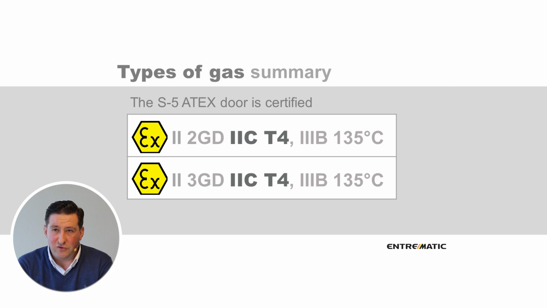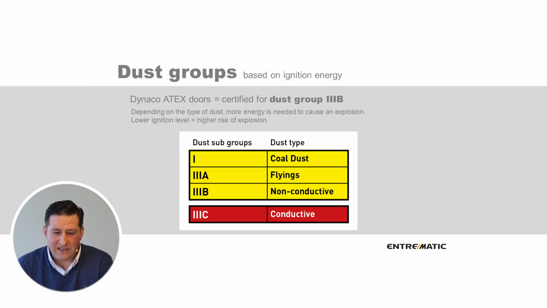So we continue. The 2CT4 is explained, what it stands for. The next step is the different dust groups. Here we have the certification for the 3B dust group. The different dust groups are shown in yellow and red. You have coal dust, you have flyings, this is just dust in general.